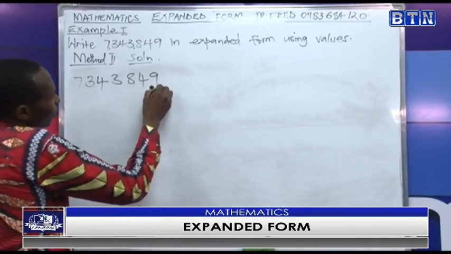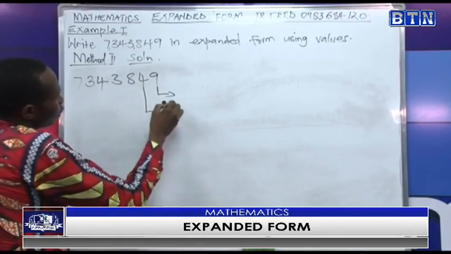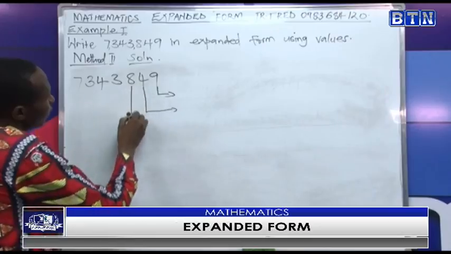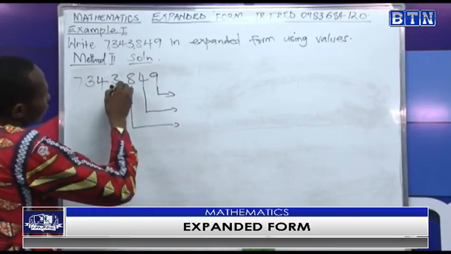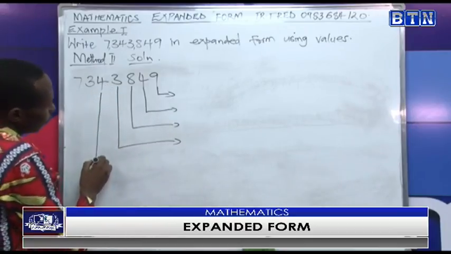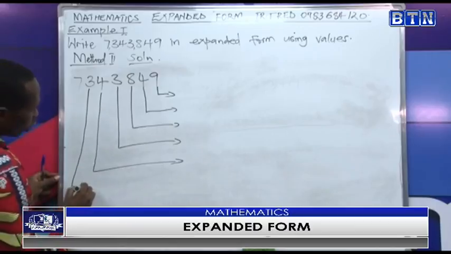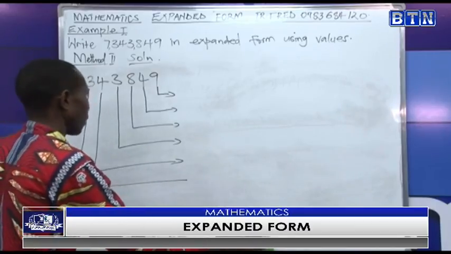We'll find the value of each digit here. After finding the value of each digit, we shall have to add everything.